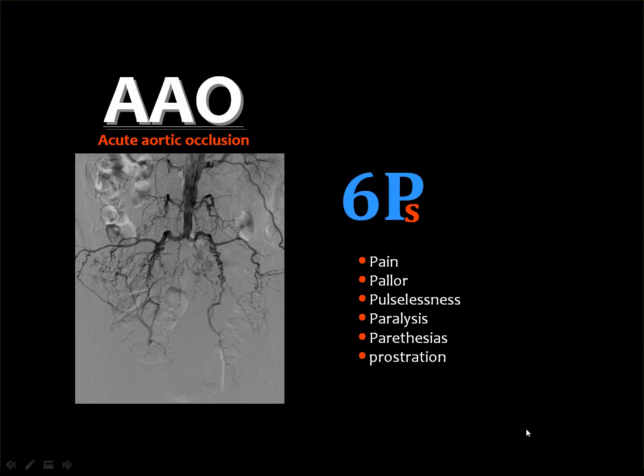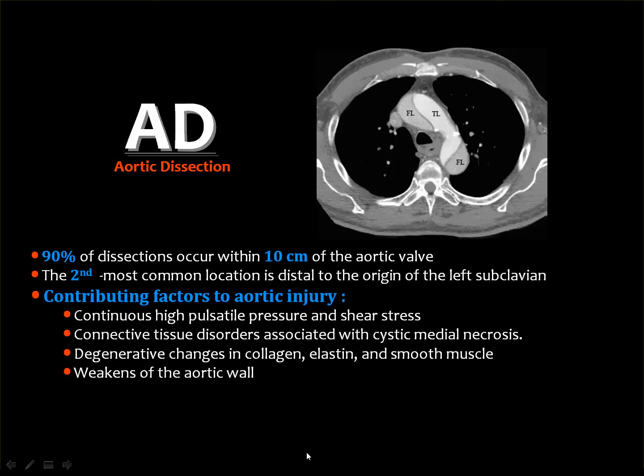The clinical manifestations of Leriche syndrome or aortoiliac occlusion are the 6 P's: pain, pallor, pulselessness, paralysis, paresthesia, and prostration. We came to one of the important diseases of the aorta, which is the aortic dissection.